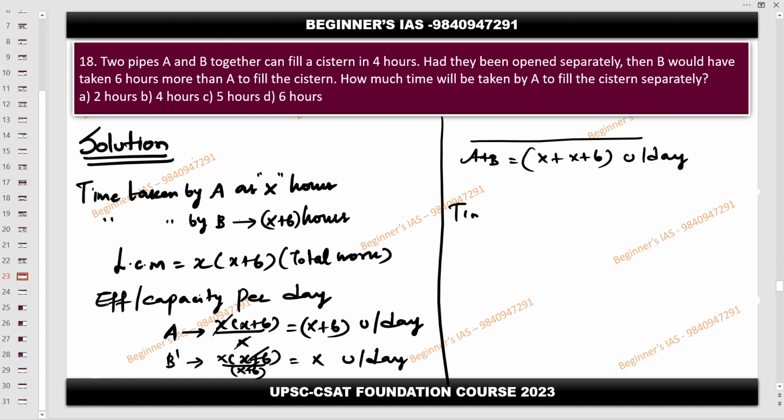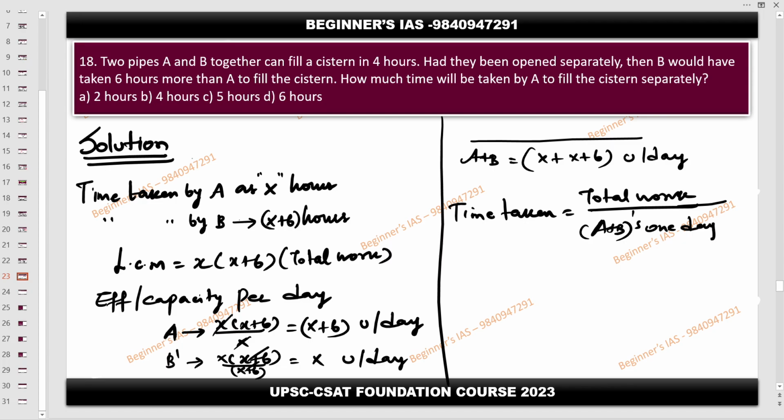So time taken is equal to total work divided by A plus B's one day efficiency.